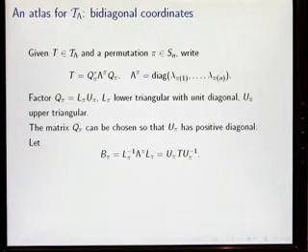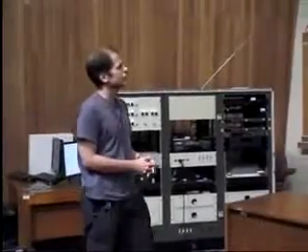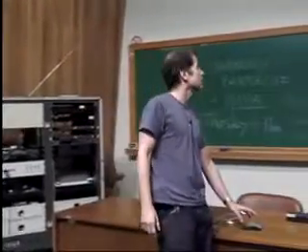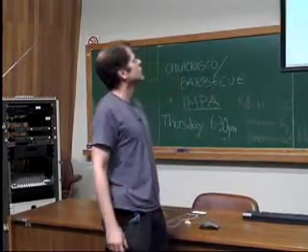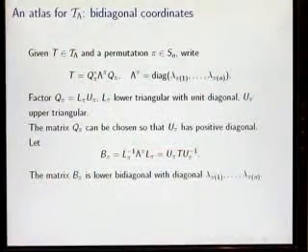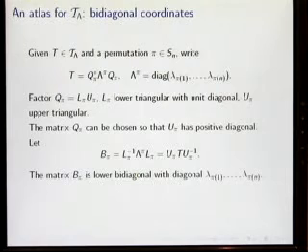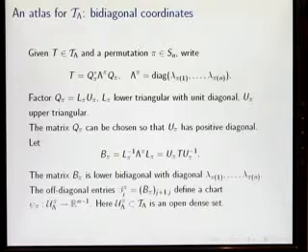And then you consider this matrix B, which is sort of in between T and lambda pi, and that's a bidiagonal matrix. On the diagonal itself, you get the eigenvalues, and below the diagonal, you get numbers, let's call them betas, which define a chart. It's a chart on an open dense set.